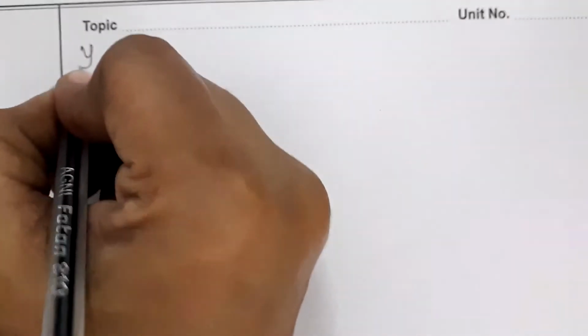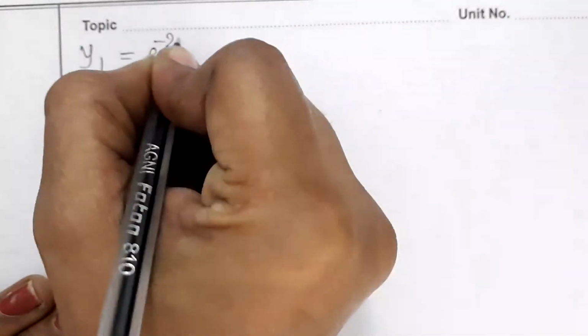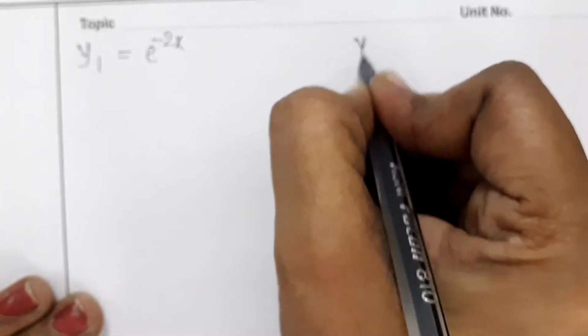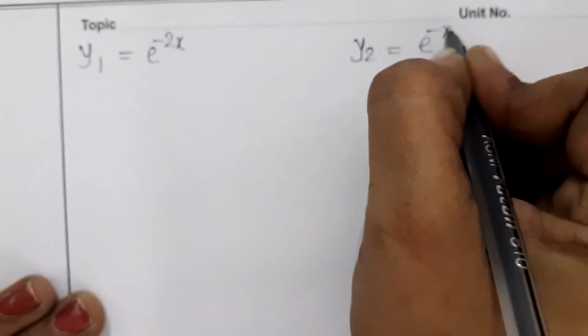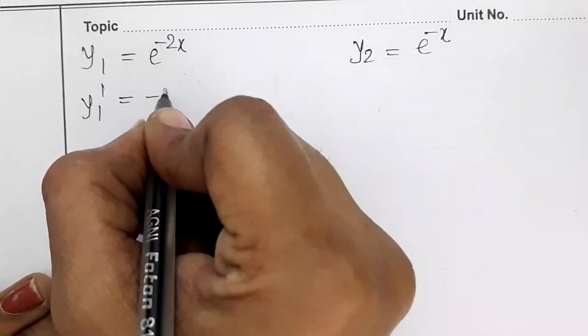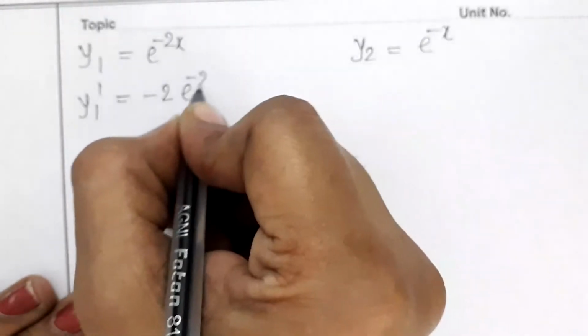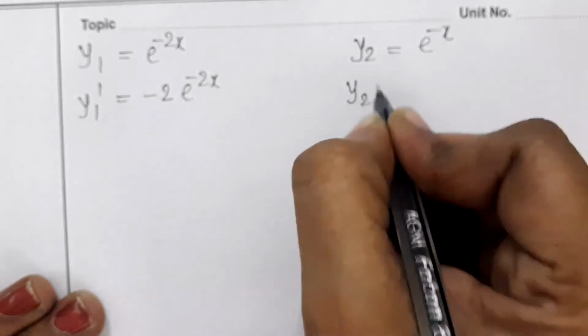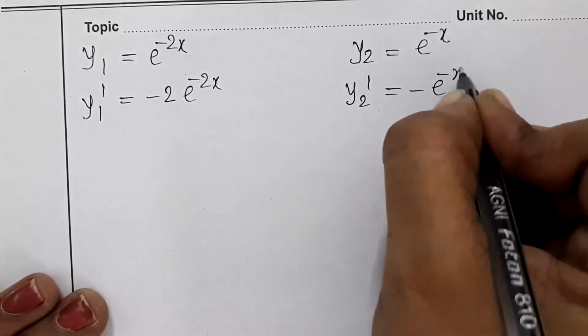So y1 we obtained as e^(-2x) and y2 = e^(-x). Now find y1 dash. y1 dash = -2 e^(-2x) and y2 dash = -e^(-x).